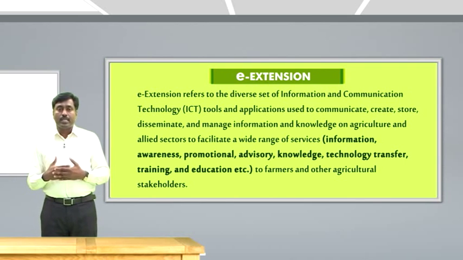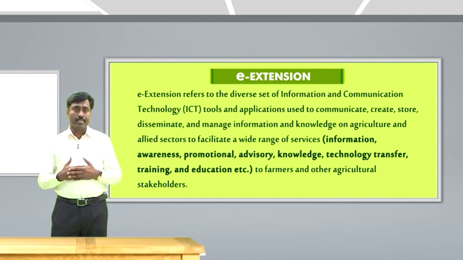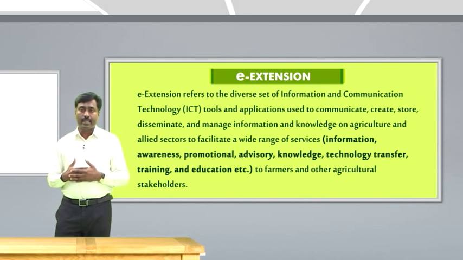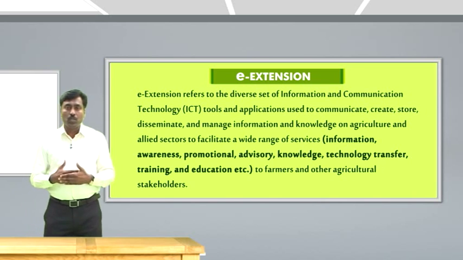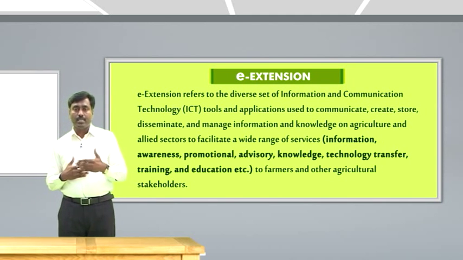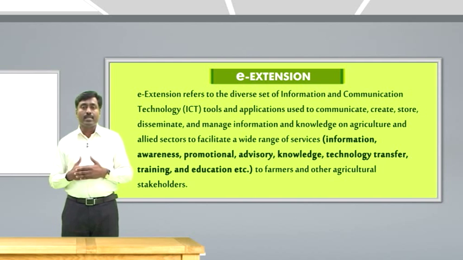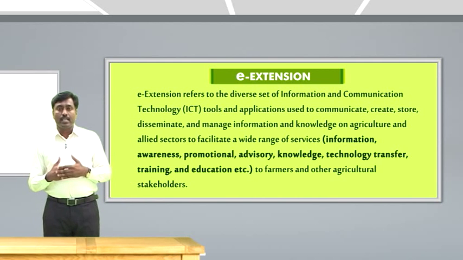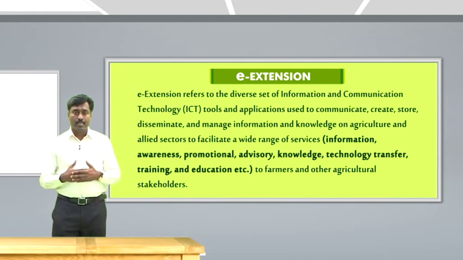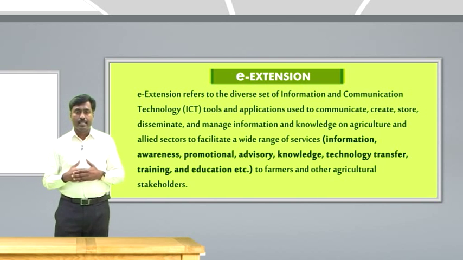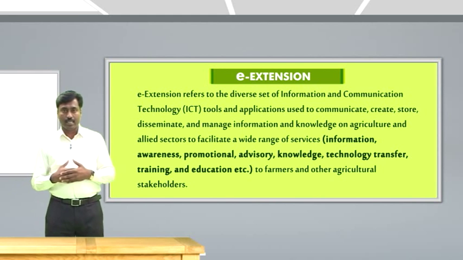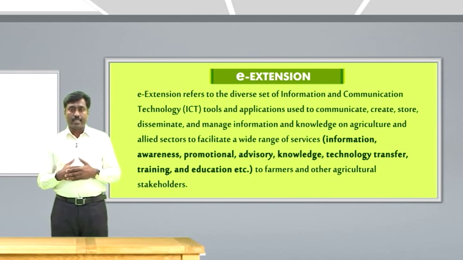Nowadays another important category is emerging the world over, most probably in the developing countries also, like e-extension. E-extension refers to the diverse set of information and communication technology (ICT) tools and applications used to communicate, create, store, disseminate and manage information and knowledge on agriculture and the allied sector to facilitate a wide range of services such as information, awareness, promotional activities, advisory, knowledge and technology transfer, training and education, etc. to farmers and other stakeholders.